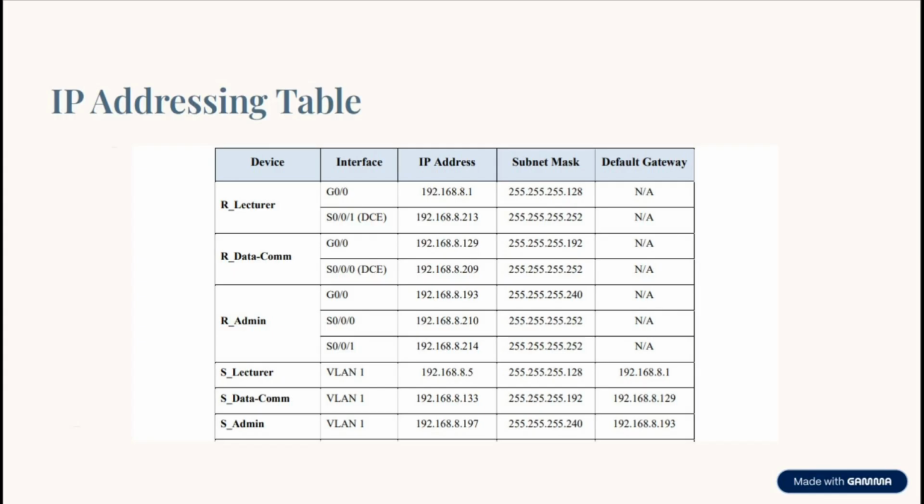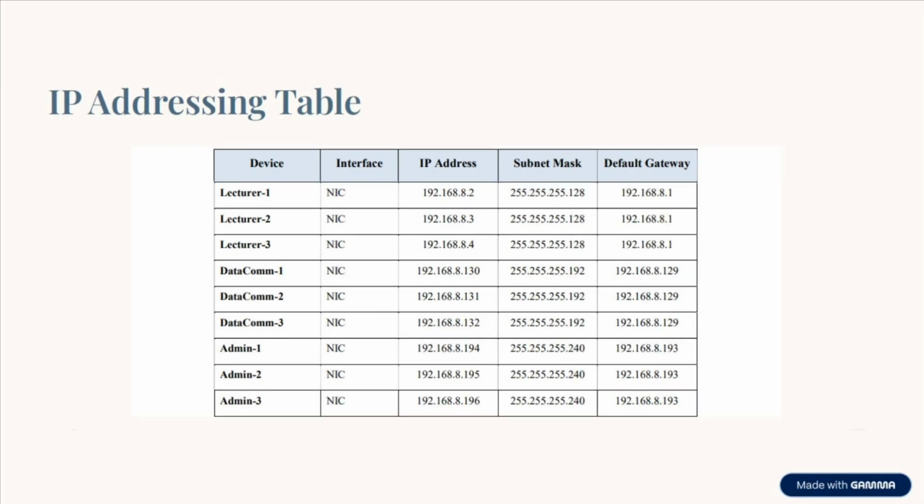with subnet mask 255.255.255.252. Next, switch use VLAN 1 as their management interface. Each switch, such as Datacom, admin and lecturer, has its own IP address to be allocated efficiently, according to the needs of each department. There are 3 groups of PCs: lecturer, Datacom, and admin.